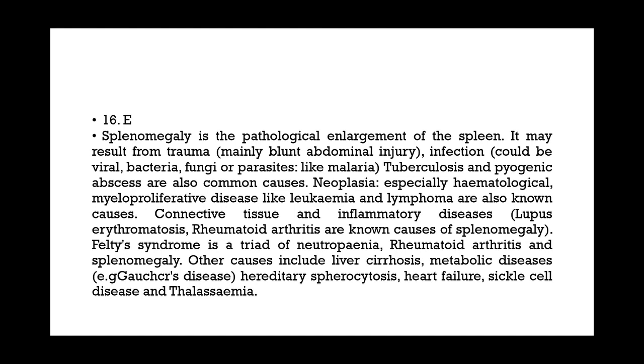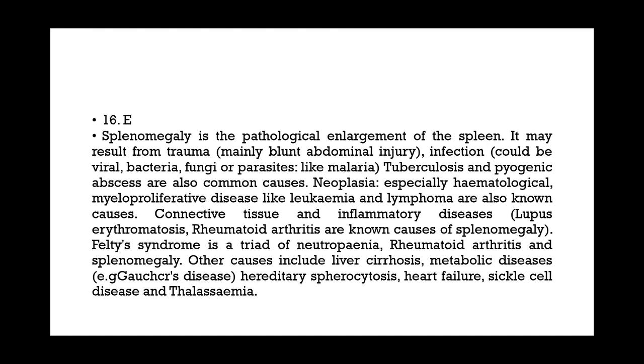Infection could be viral, bacterial, fungal, or parasitic, like malaria. Tuberculosis and pyogenic abscess are also common causes. Neoplasia, especially hematological myeloproliferative disease like leukemia and lymphoma, are also known causes.